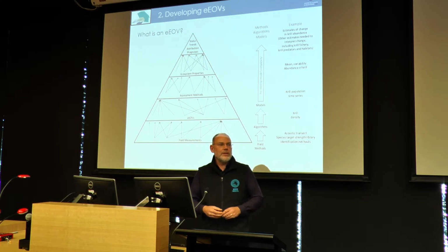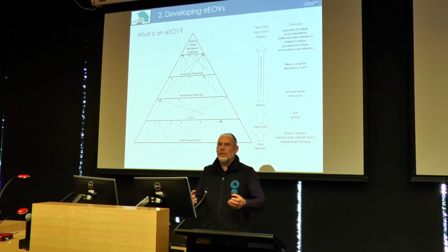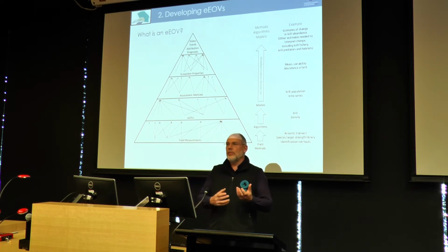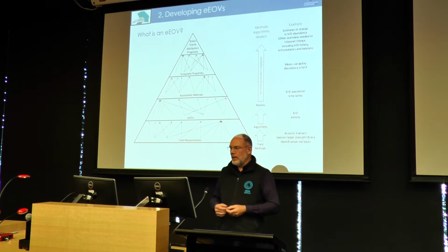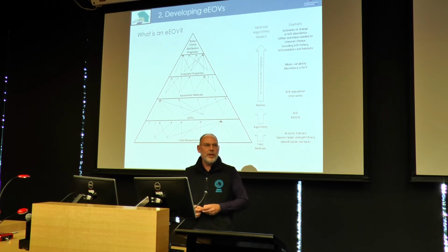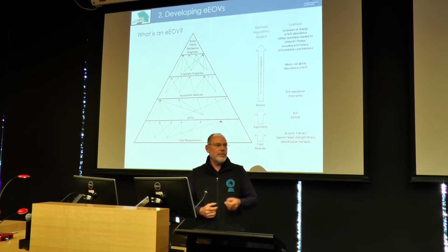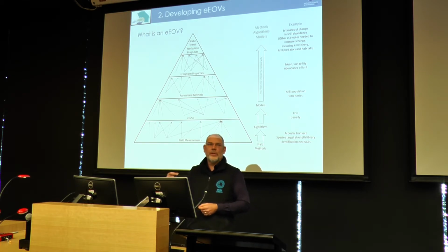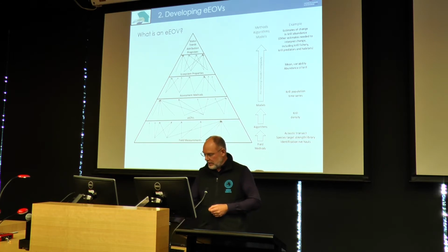Now, some of the discussions that will be had is whether or not you even need some of those transformations. There is some work going on which is looking at, can you use signatures in their raw form to be able to utilise that in being able to develop models and so on. And it may be that over time the signatures will become the EEOVs rather than trying to estimate something from those signatures in an interim step.